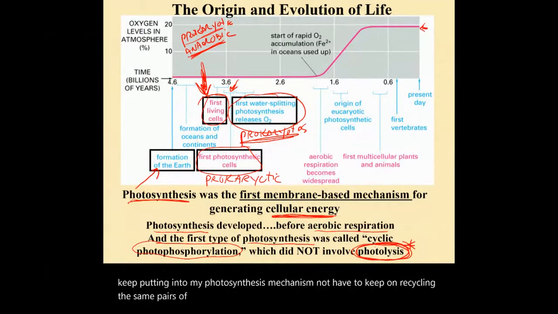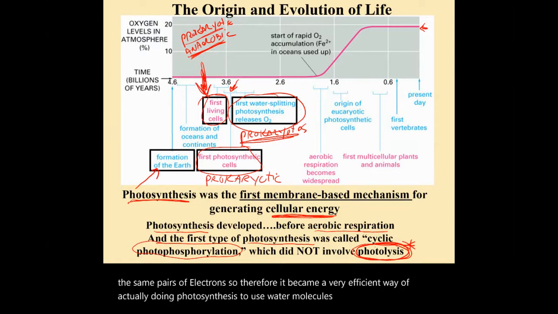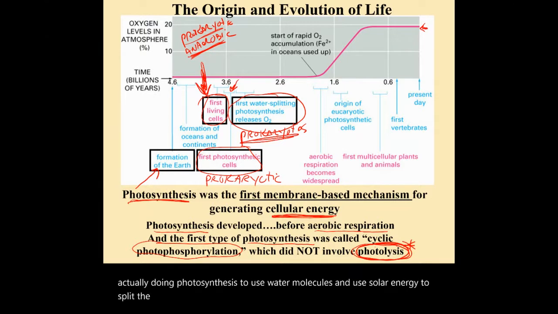So therefore, it became a very efficient way of actually doing photosynthesis: to use water molecules and use solar energy to split the water molecules apart, rip them apart. Water doesn't want to be ripped apart. And we call that important process photolysis.